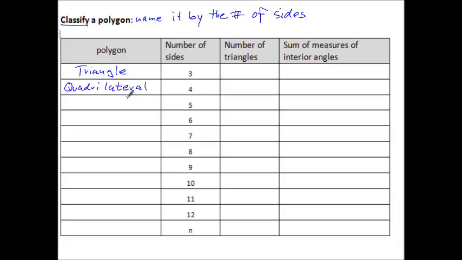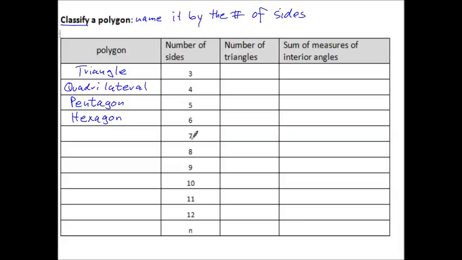A polygon with 5 sides is what we call a pentagon, and you, I'm sure, know the building in Washington, D.C. that has 5 sides. That's also called Pentagon for that very reason. If it has 6 sides, we call it a hexagon. And all these parts of the name come from the Greek words of the numbers.